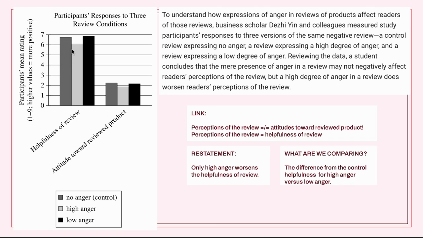If we have a review with no anger, we want to compare what happens when there's low anger versus high anger, because they are saying that just having a little bit of anger is not going to negatively affect the helpfulness of the review. It's just high degrees of anger that make it seem less helpful. So we want to pick an answer that points this out: low anger is still sort of helpful, and high anger is less helpful than a no anger review.